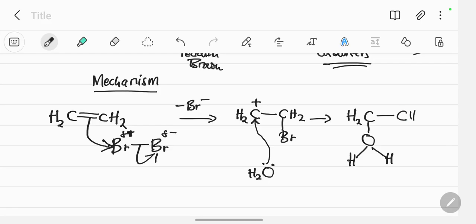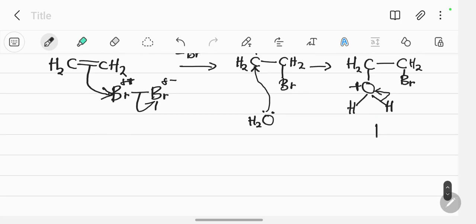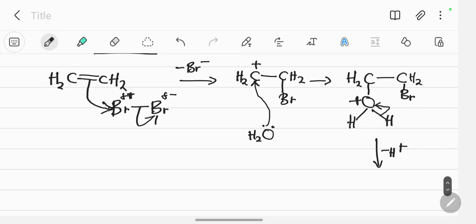So this is H2 and bromine there. What it does, it obtains a partial positive charge. How do we neutralize this charge? We have to break off 1 hydrogen. Cut it. As we break off that hydrogen, we show that we've lost it.